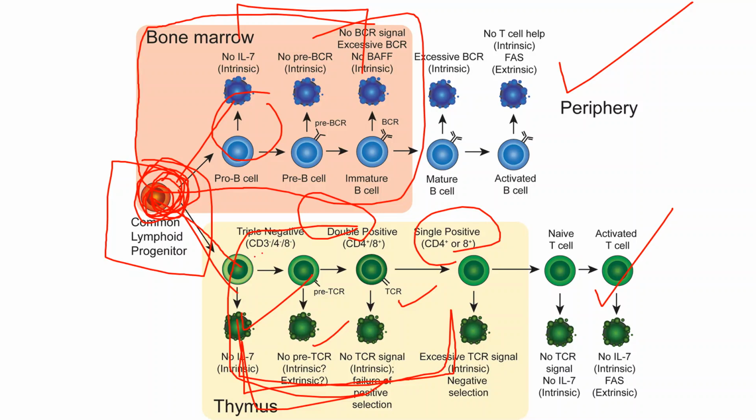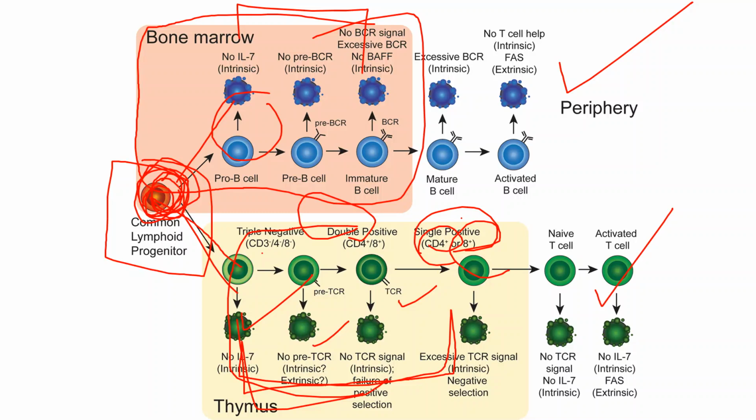We know that in case of T cells, in the last stage we have two kinds of cells, right? CD4 and CD8 cells, that is helper cells and cytotoxic T cells. So if a single receptor is present, either CD4 or CD8, that means their fate is determined now: they are the helpers or the cytotoxic T cells.